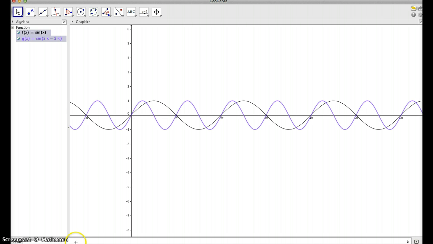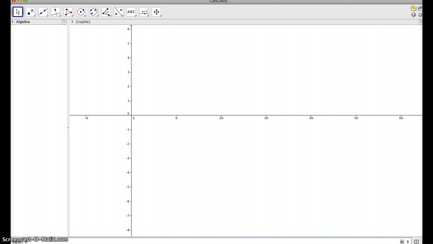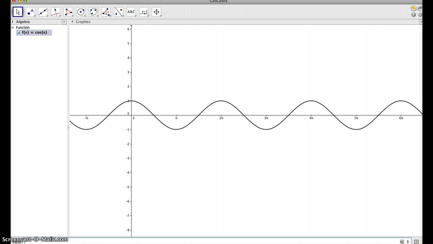Okay, now let's look at the cosine curve. The cosine curve has a y-intercept at (0, 1) and x-intercepts at (pi over 2, 0) and (3 pi over 2, 0). Its period is also 2 pi.